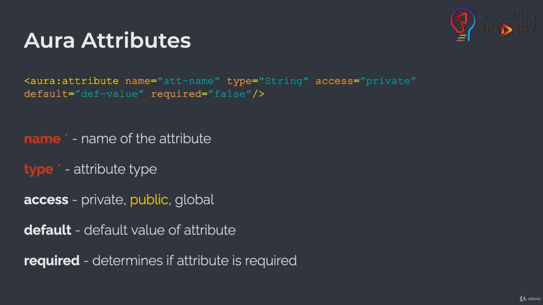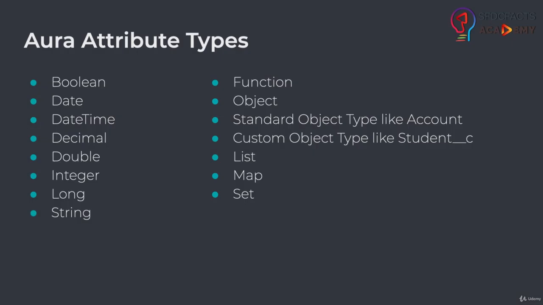Now let's take a look at all the different types of data that we can store in an attribute. You can have a Boolean attribute, which means the type equals to Boolean. You can have a date, date time, decimal, double, integer, long or a string attribute as well. So this means you can store all these type of values. Apart from this, you can have an attribute to store a JavaScript function as well, and the type of this attribute will be function.